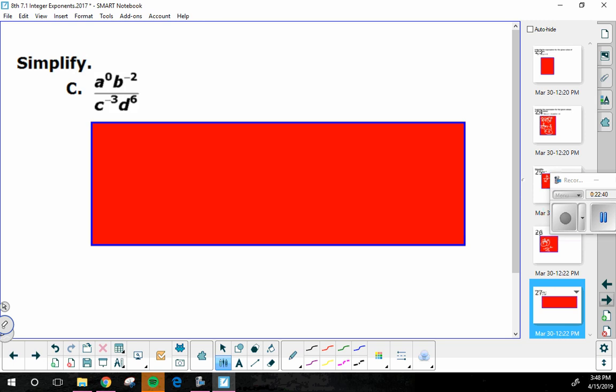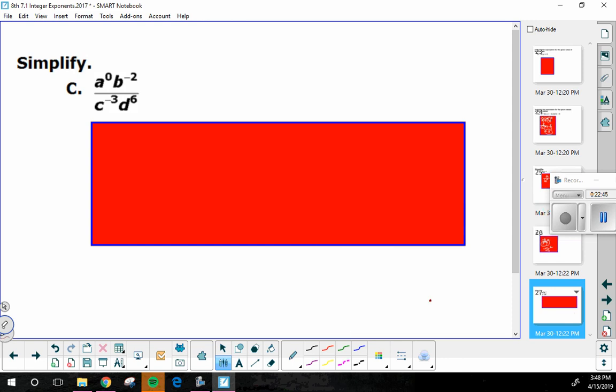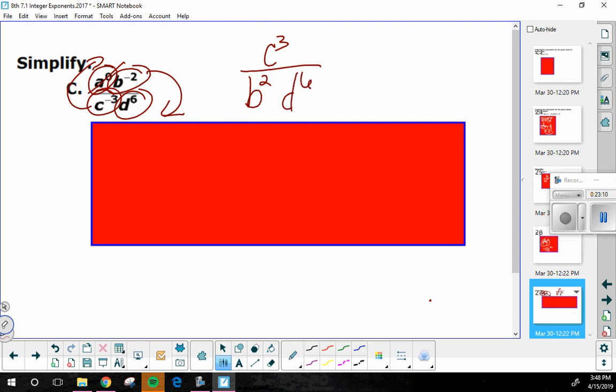Look at the A. Go away. The B is moving down here. The C is moving up there. The D stays the same. So C to the 3rd, B to the 2nd. Oh, I see that's already there, so I just leave it there. That's my answer. Move, stay, go away, only look at the exponent.